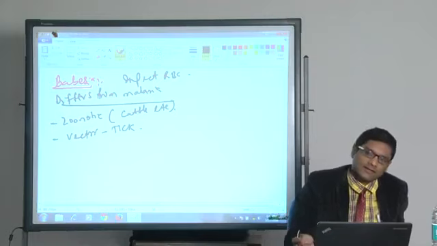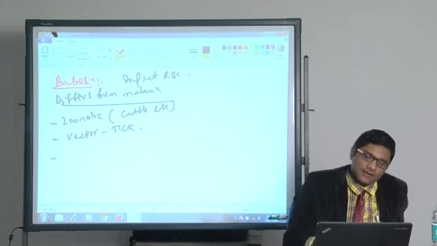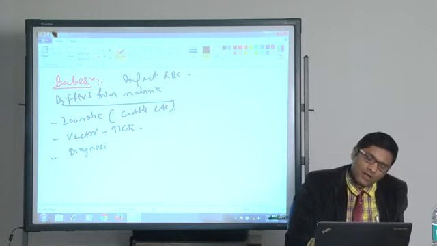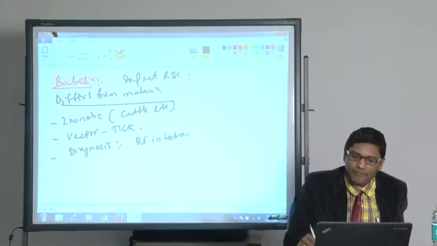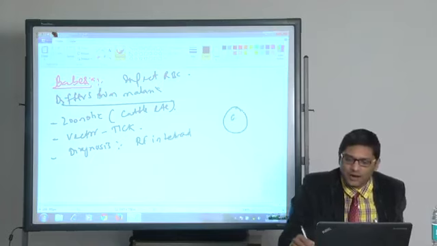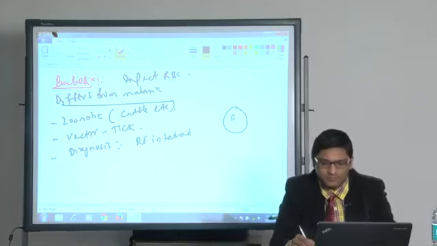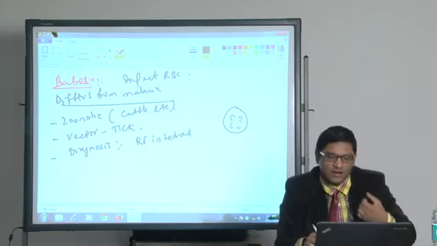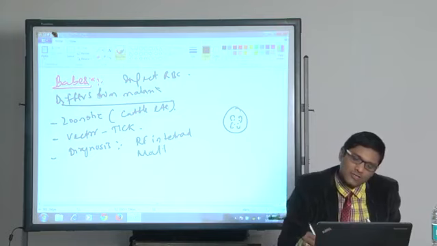Regarding the diagnosis, ring forms are arranged in tetrad. Inside the RBC, a tetrad of ring forms will be present. This is called the Maltese cross form.